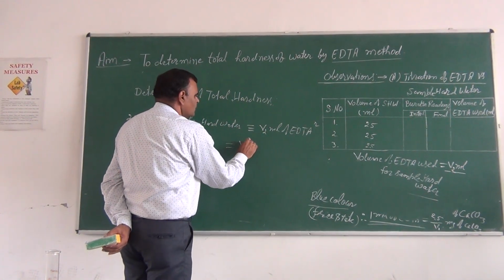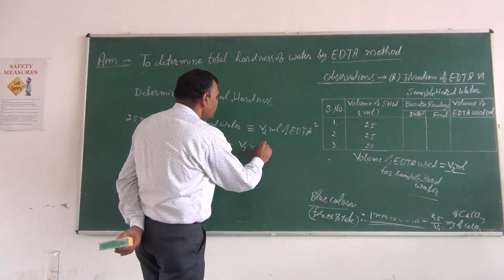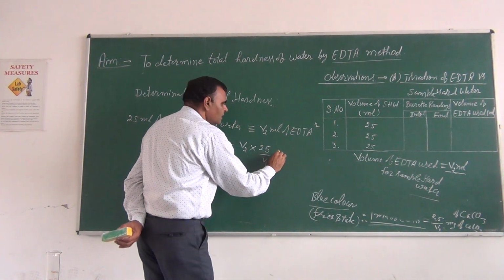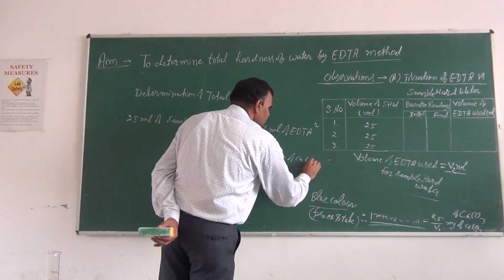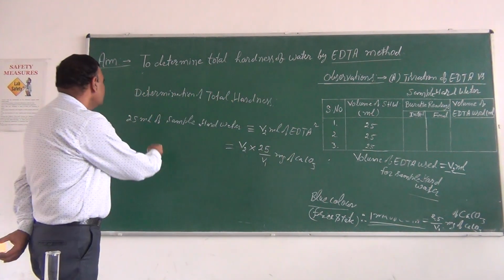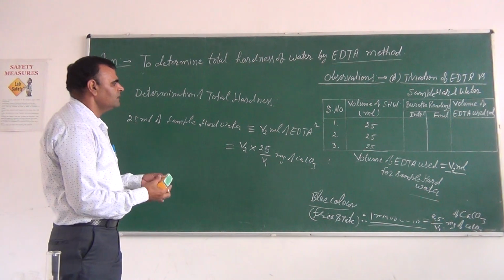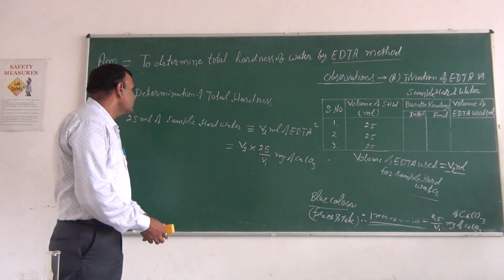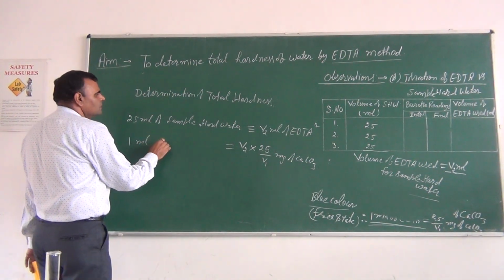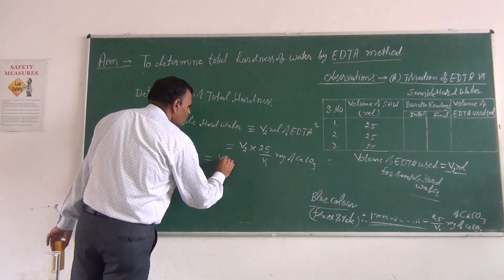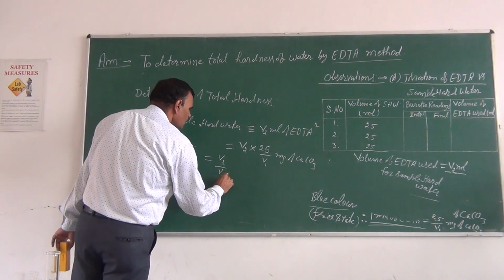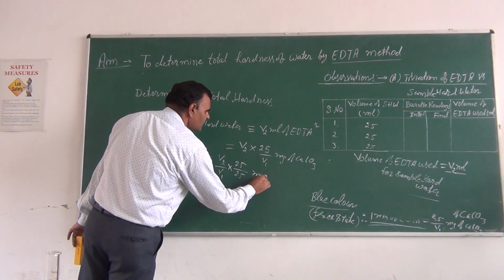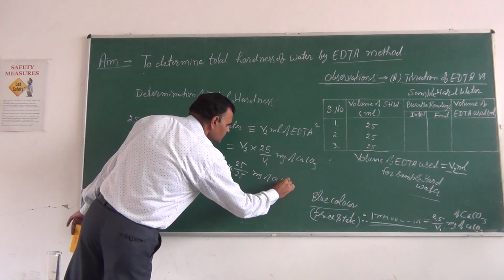So we can write V2 into 25 by V1 milligram of calcium carbonate. It means 25 ml of sample hard water will be equivalent to V2 into 25 by V1 milligram of calcium carbonate, and 1 ml of sample hard water will be equivalent to V2 upon V1 into 25 by 25 milligram of calcium carbonate.